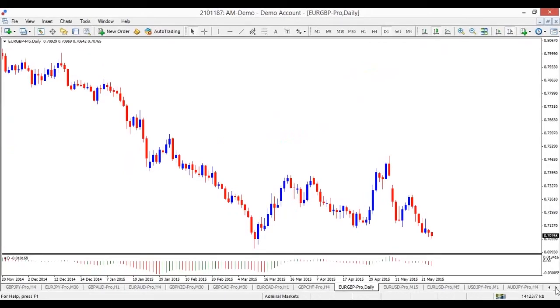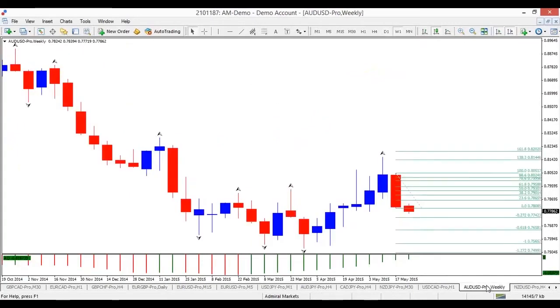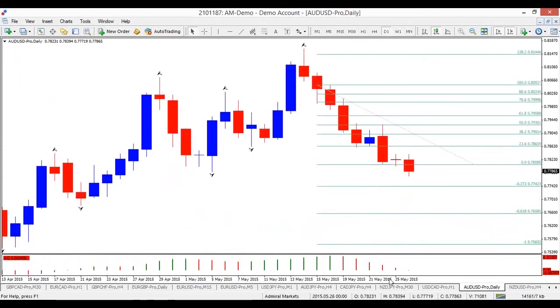So let's take a look at some other Aussies now, like AUD USD indeed. Modus is saying that AUD USD is weakening, and indeed, target for the moment 77.50. We're getting pretty close to the target.